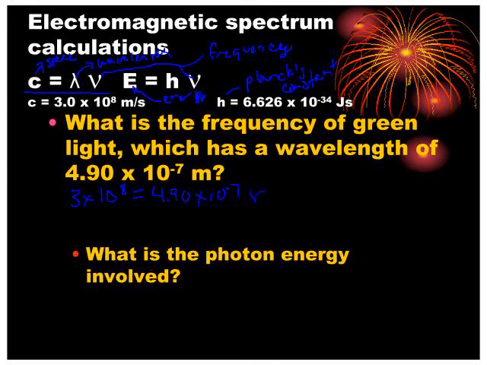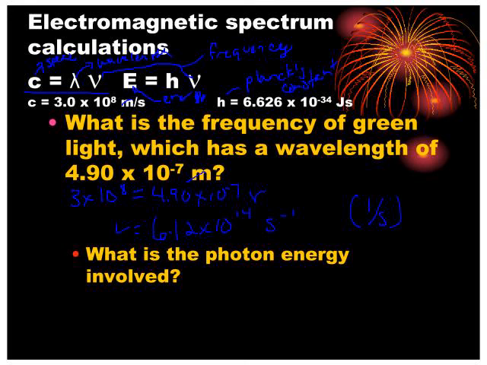And frequency is what we're looking for. When we solve this algebraically, dividing both sides by wavelength, we find that our frequency is 6.12 times 10 to the 14th. And that's s to the negative 1, which is the same as 1 over s, because our meters end up canceling each other out on that calculation.